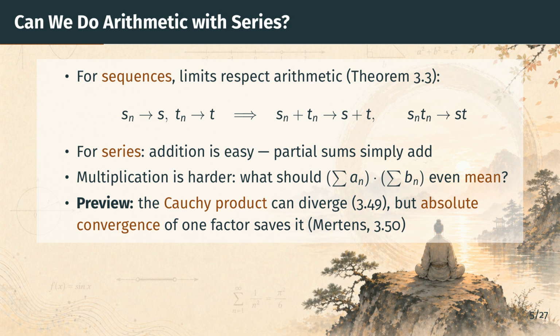But there is good news. Mertens' theorem says that if at least one of the two factors converges absolutely, the product converges, and it converges to the product of the two sums. This is another place where absolute convergence, introduced in the previous section, proves to be the decisive property.